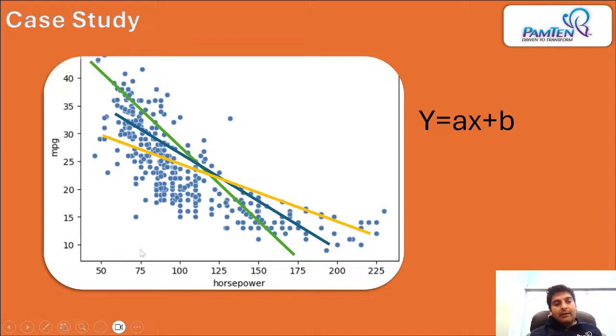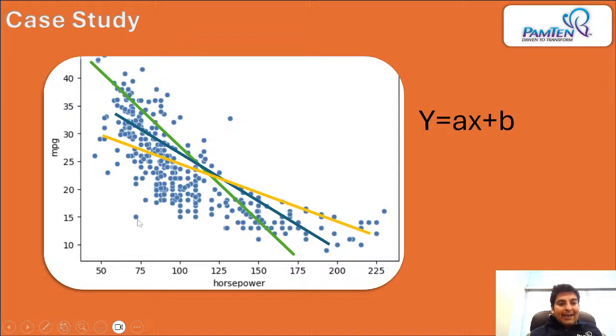So for this particular car, horsepower is 75 and the actual Y value is 15. But these three lines predict something else. For this value of 75, this particular line tells you the MPG is around 25, this one tells you around 30, and this one tells you around 35. This is the residual, or error in prediction.